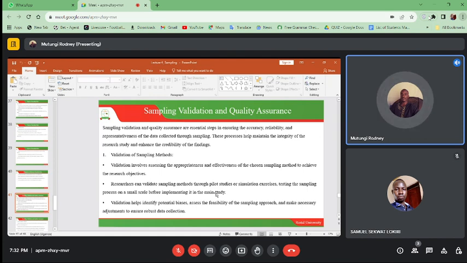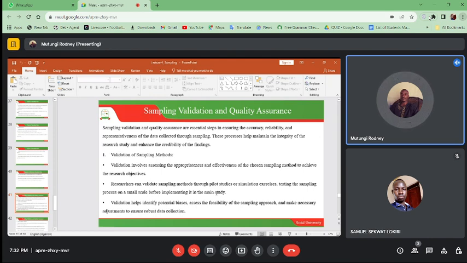And they are very essential also in ensuring that we have accurate data, reliable data, and representativeness during sampling. So when we talk about validation of sampling methods, we are trying to maintain the integrity of this research or this evaluation that we are doing as M&E experts.